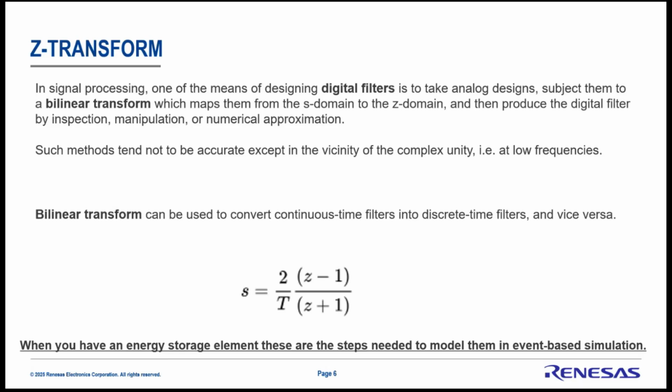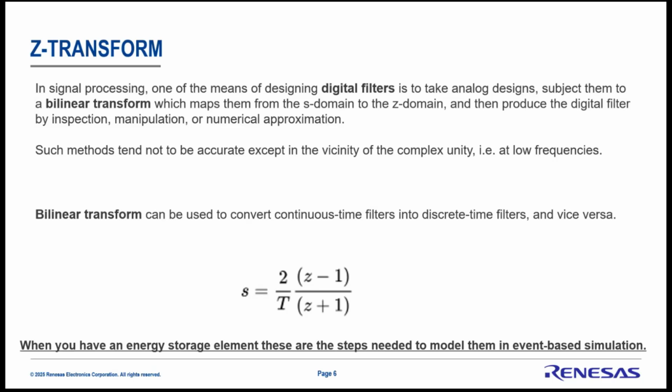What you can do is take an S-domain equation. It's quite easy to take analog components and create an S-domain equation of all the passive elements together. Then you can use the bilinear transform and replace S with that value there, and that will convert it to a Z-domain transfer.